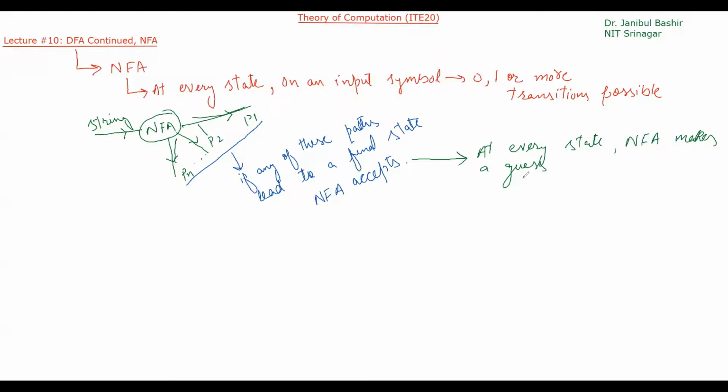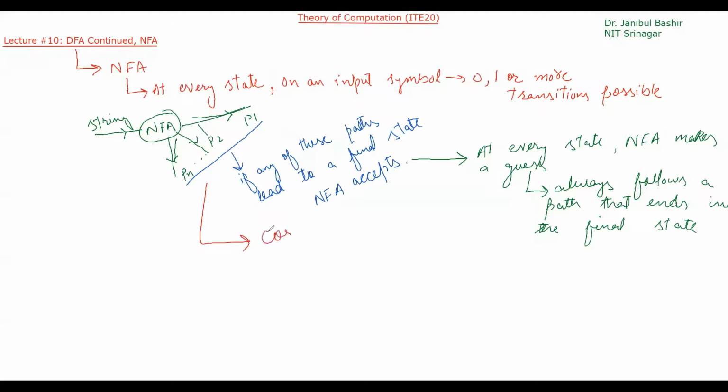But it makes a guess such that it always follows a path that ends in the final state. However, if there is no path that reaches a final state, then it can follow any path. So NFAs have a strength. What is the strength? The strength is they always make a correct guess.